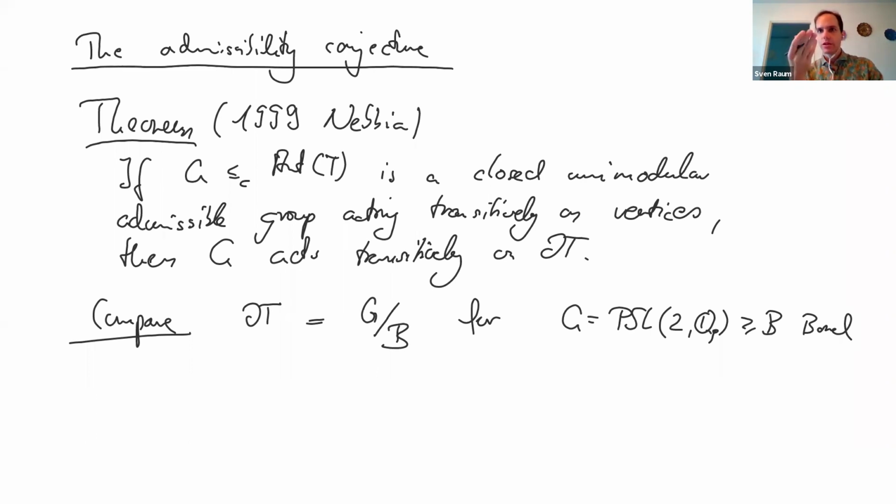So it basically tells us that in this setting, where we don't have any algebraic origin, the importance of the flag variety persists, but in a different shape. So we have to think simply about the boundary of the tree. Okay. So now his conjecture was that the converse should hold.